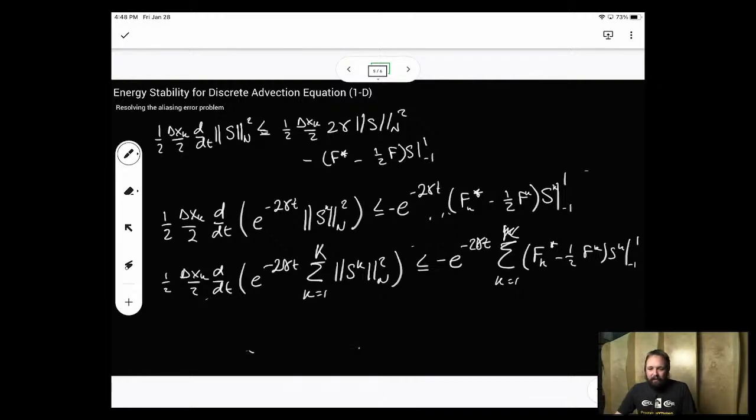What we have at this point is basically we can bound the energy, right? Of course, if you go through and do that chain rule and your integration over time, you can come up with a function that bounds the solution energy norm. That depends on the Riemann flux.